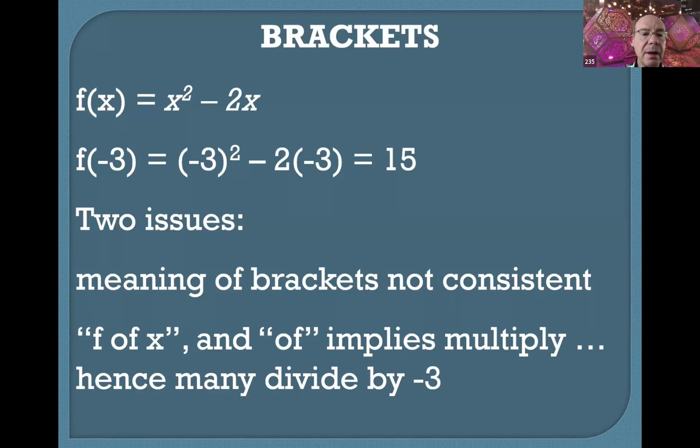So when our kids get this wrong in high school, when they end up dividing by -3 or whatever, maybe that's why, because f of x is drilled into them. "Of" in primary school means multiply. So they think f of -3 means whatever f is, multiplied by -3.